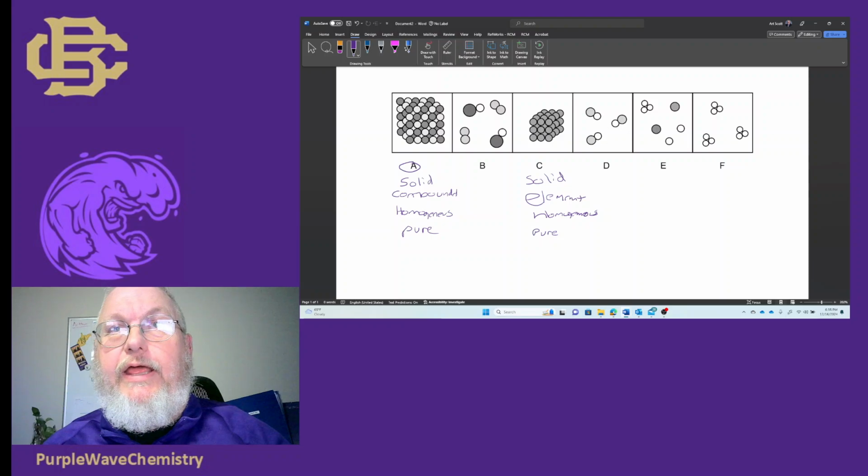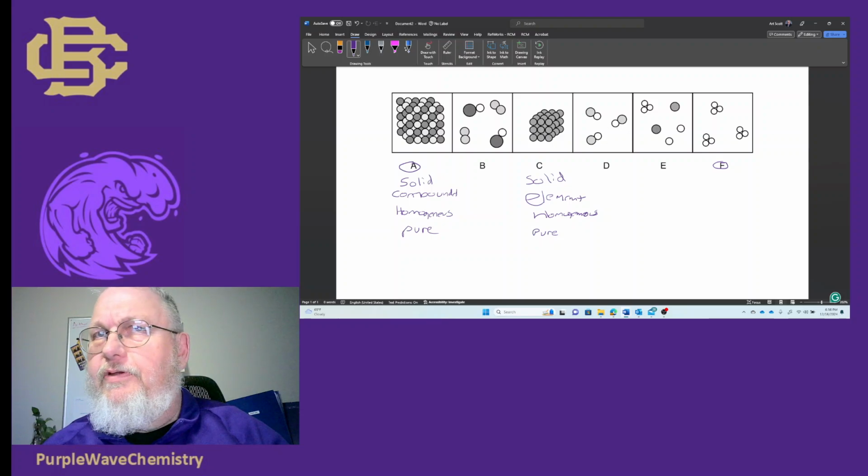Let's look over here at F. All right, so F. I've got three white spheres here, three white spheres here, three white spheres here. And they're not in a nice structure, so that is not a solid. I know that they're far apart, so I would say that this is a gas of some sort.